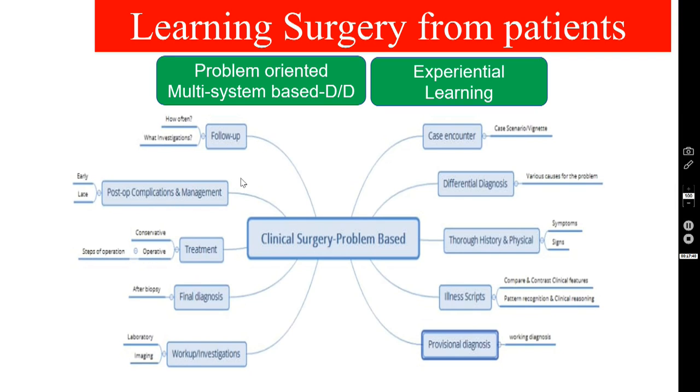And even after managing the patient during the post-op period and discharging the patient, you should know how to do the follow-up for these patients, especially if it is a malignant case. You should know how often they have to come and meet you and what investigations you have to do during these encounters in order to pick up the recurrence or the distant metastasis early. You should know this knowledge also.